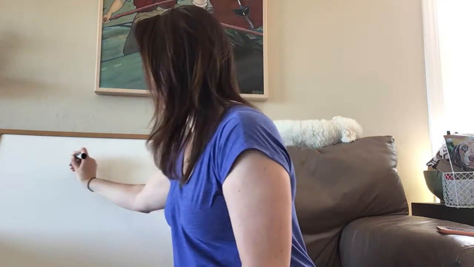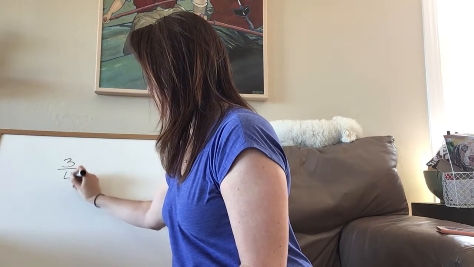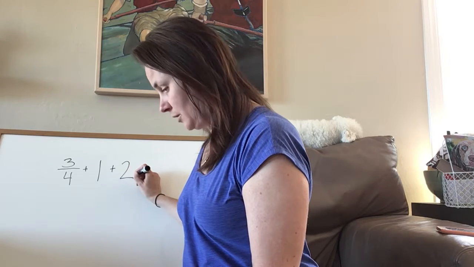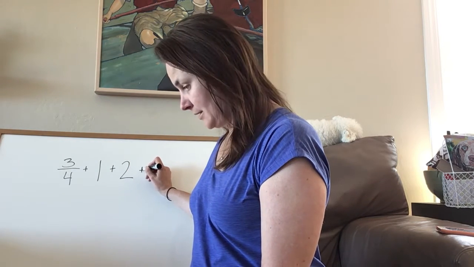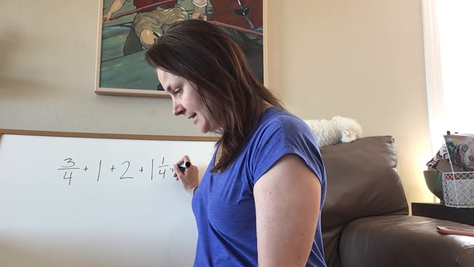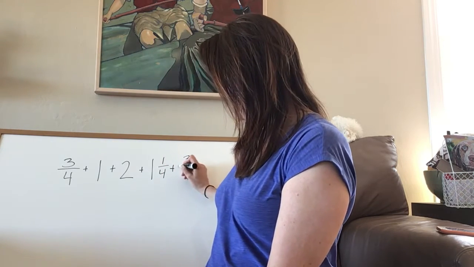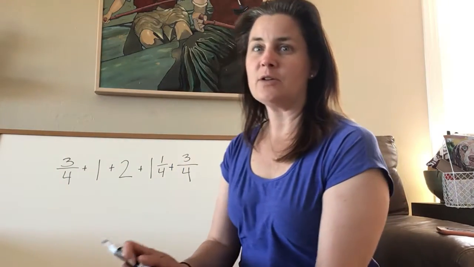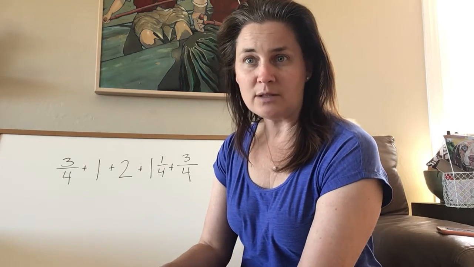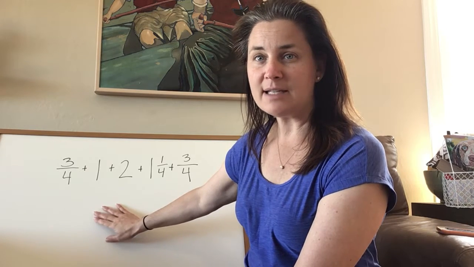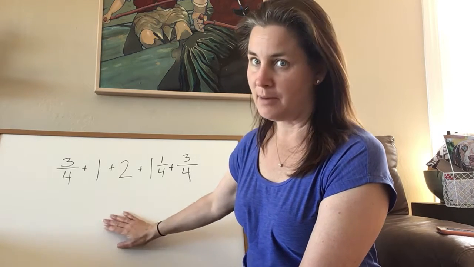So you're going to add 3/4 plus 1 plus 2 plus 1 1/4 plus 3/4. Using whatever strategy you want, go ahead and add these numbers together, pause it, and then unpause it.